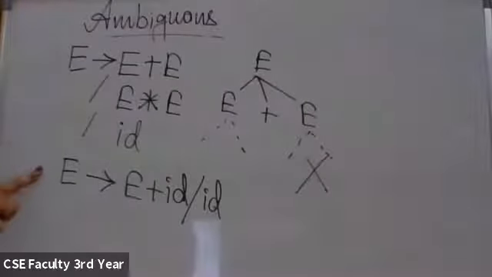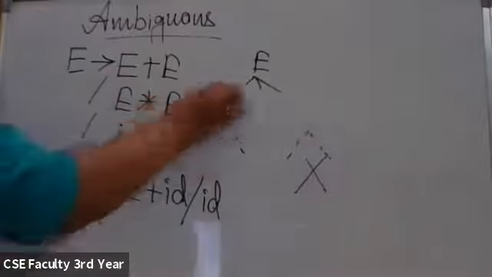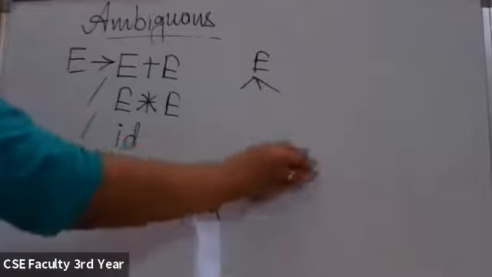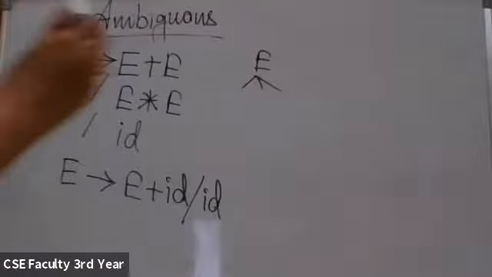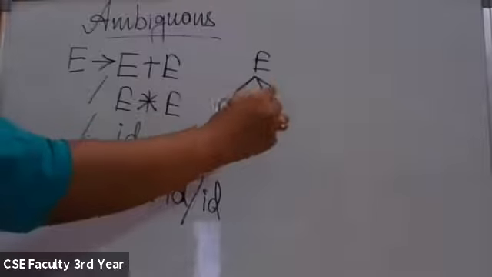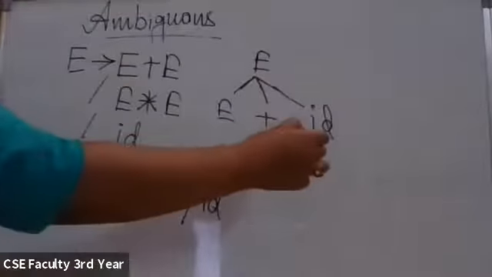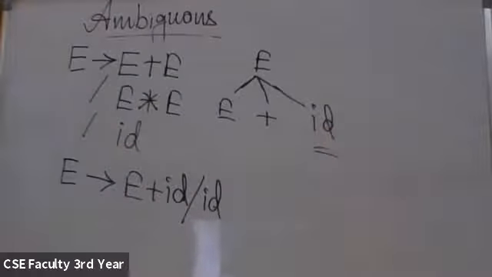Okay. So now you see, if I write it in this way, E derives E plus ID or ID, then you see how it will be expanded. E derives E plus ID. So expanding this option is eliminated. You cannot expand it anymore.